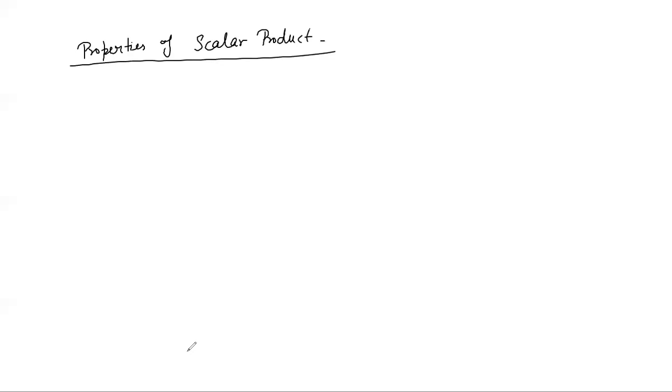First property, scalar product is commutative.